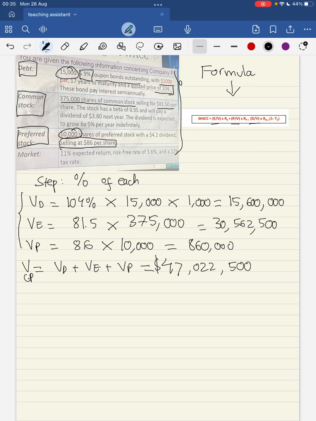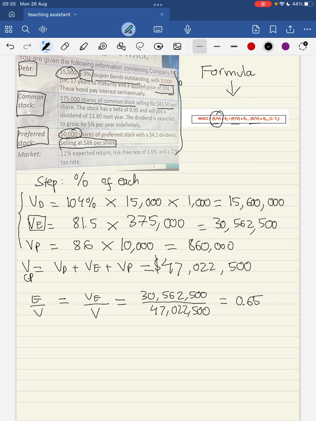Therefore, E divided by V, the percentage of equity, will be equal to VE, which is the value of equity, divided by the total value we just found, which means 30,562,500 divided by 47,022,500, and this will be equal to 0.65.